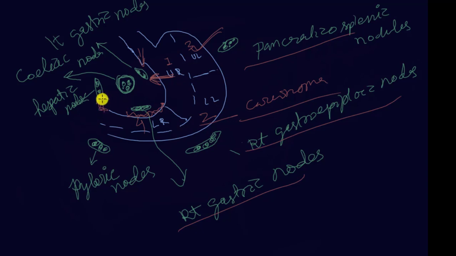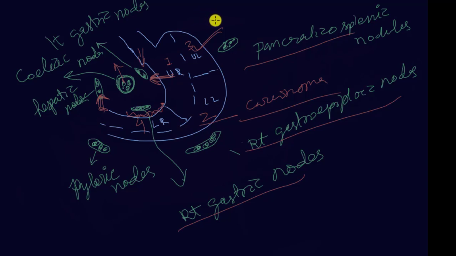And finally, this whole group of nodes will drain into the celiac nodes. The celiac nodes receive all these peripheral nodes, and this lymph will ultimately drain to the cisterna chyli.